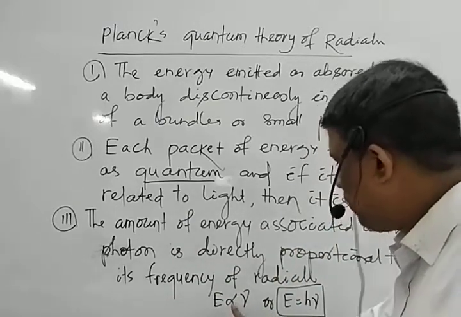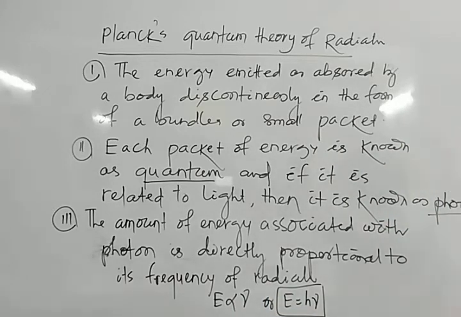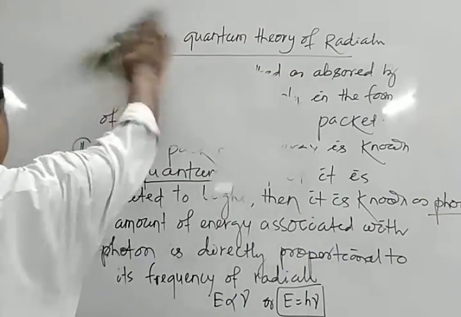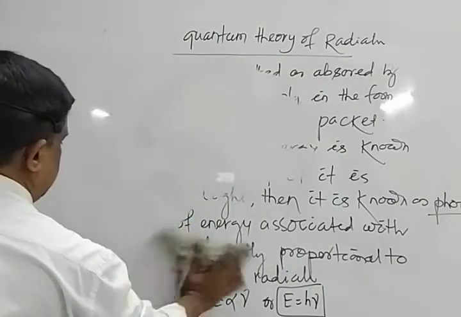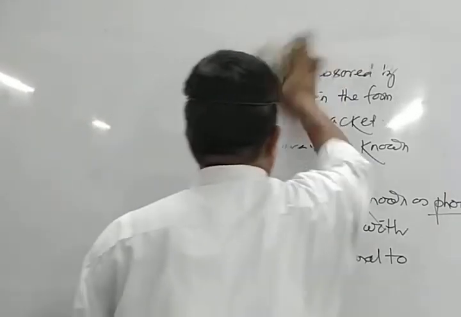If we remove the proportional sign, we get the proportionality constant, known as small h, Planck's constant, whose value is nearly equal to 6.625 into 10 to the power minus 27 erg second, or 6.625 into 10 to the power minus 34 joule second. Mark that.